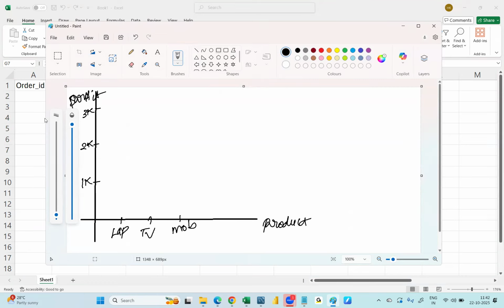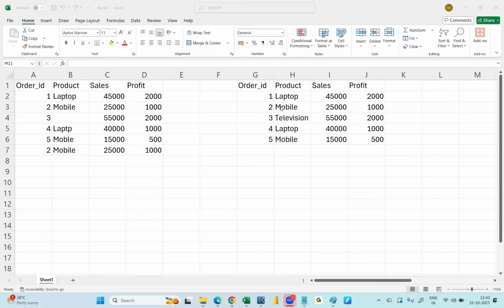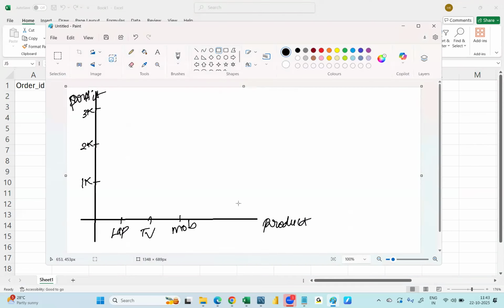Now if you observe, guys, how much is the profit I got for the laptop? Let me minimize this one. For the laptop there is 2000 rupees of profit here, and 1000 rupees here, total 3000. You know about a bar chart, right?